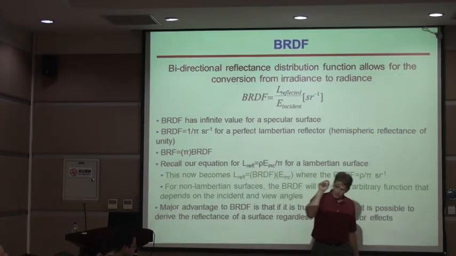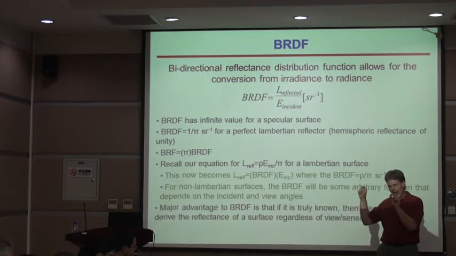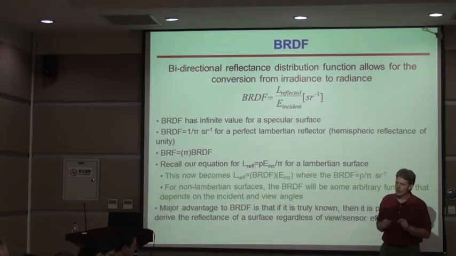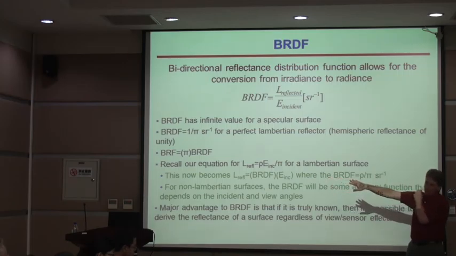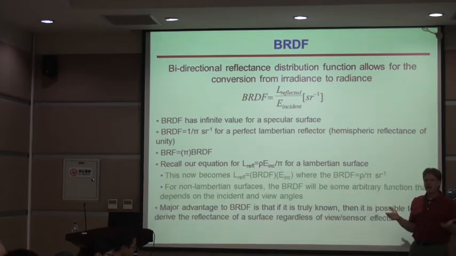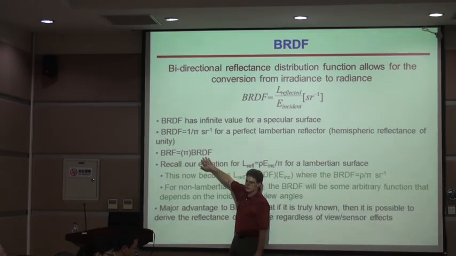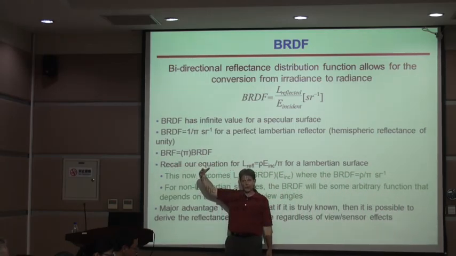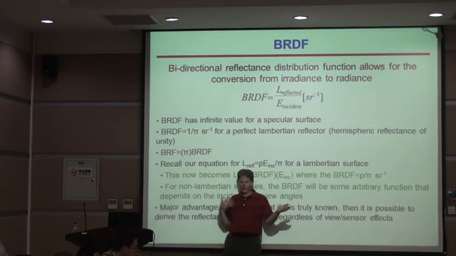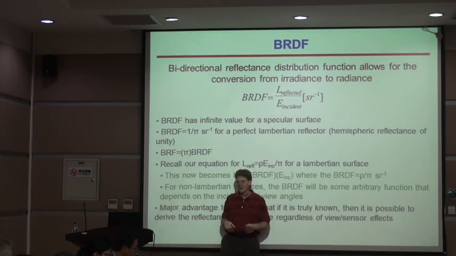So the BRF for a specific geometry is equal to pi times the BRDF at that same geometry. In the Lambertian case, we know what that would equate to. In the non-Lambertian case, I can have a function for BRDF or BRF as a function of the angles, and that would just be a factor of pi between them. So it would be the same functionality, it just would be a factor of 3.1415.